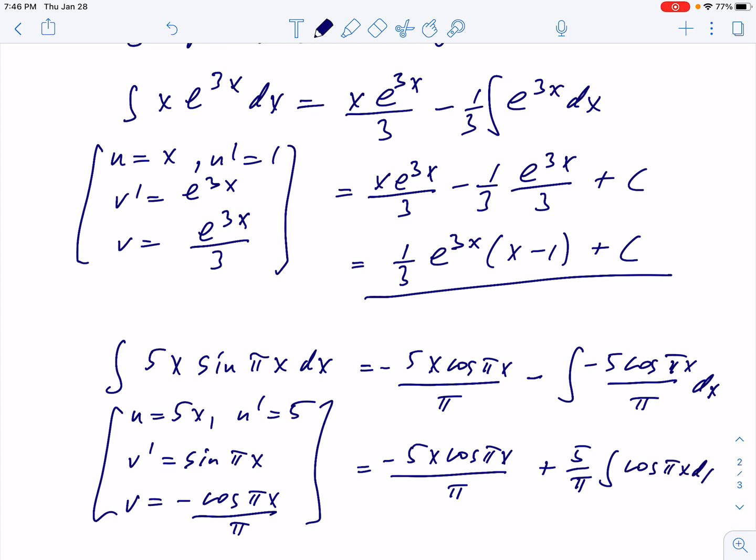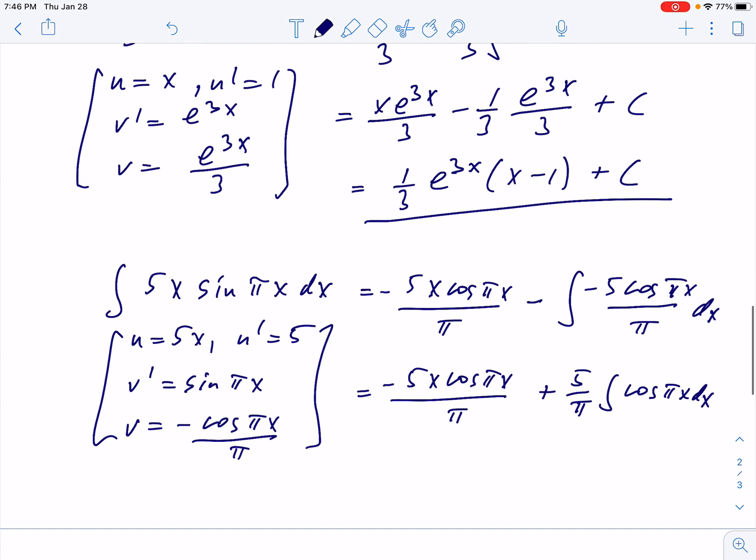Cosine pi x dx. So this integral we can solve very easily. Continuing this work, negative 5x cosine pi x over pi plus 5 over pi. Integrating cosine pi x, we have sine pi x over pi, plus c.